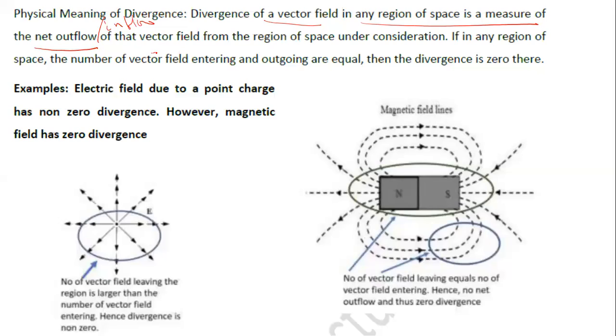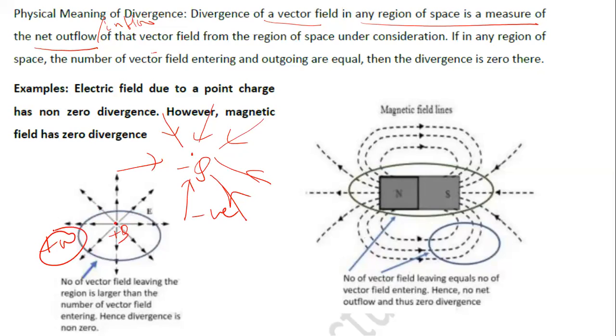For example, if you consider the electric field due to a point charge, if it is a positive charge, the electric field will be diverging, flowing out from that point. If it is a negative charge, then there will be a net inflow of the electric field. The divergence will be finite. In the negative case the divergence will be negative, and in the positive case the divergence will be positive. There is a net outflow there, and a net inflow here.